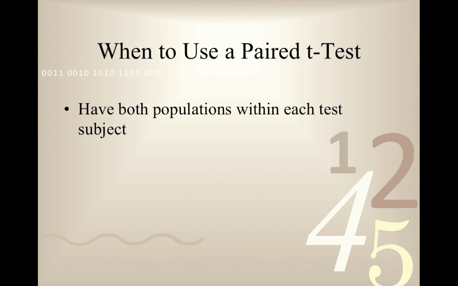Let's think back to what this Nike and Adidas data looked like. We had a column for the person, we had a column for Adidas, and we had a column for Nike, telling us that each person wore both shoes. That's what it means for both populations within each test subject.